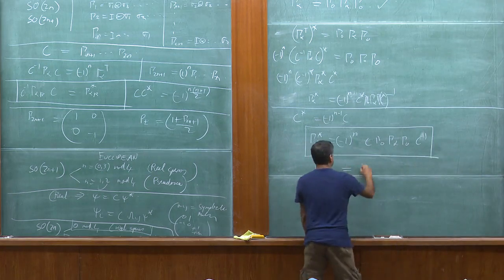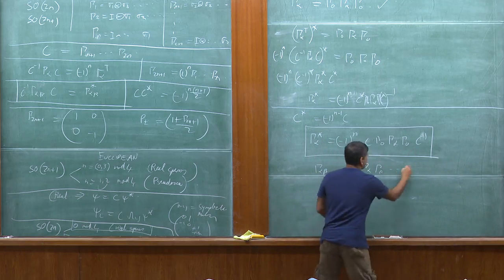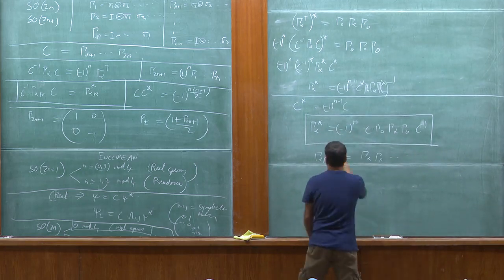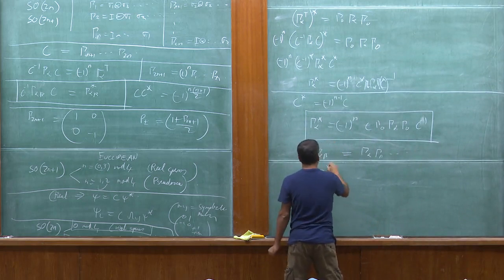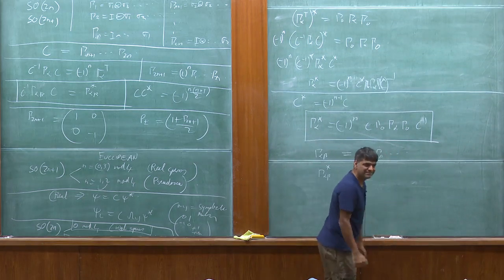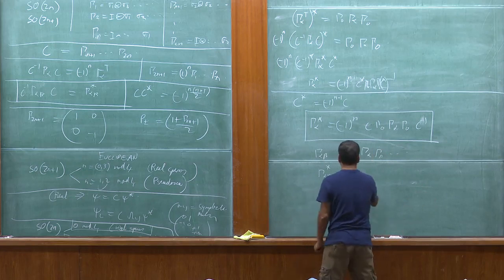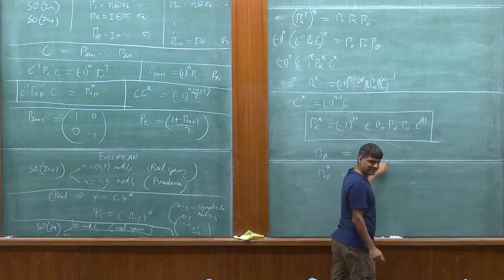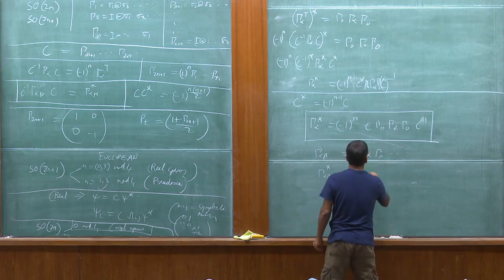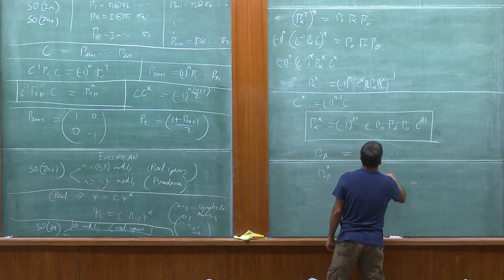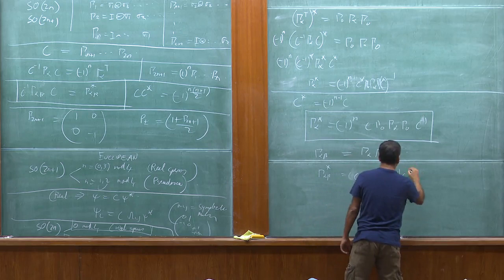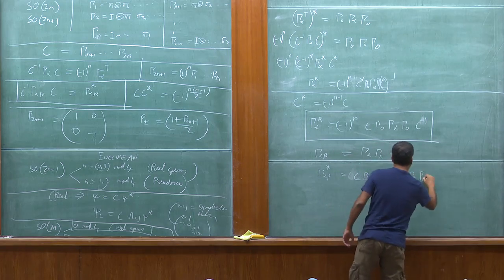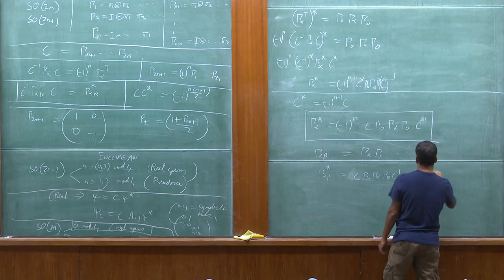So gamma alpha beta is gamma alpha gamma beta minus something else. Now if I star this, gamma alpha beta star, that's just this star times this star. Right? So you get minus 1 to the power n plus 1, but that cancels because it comes twice. Then you get C gamma 0 gamma alpha gamma 0 C inverse C gamma 0 gamma beta gamma 0 C inverse.